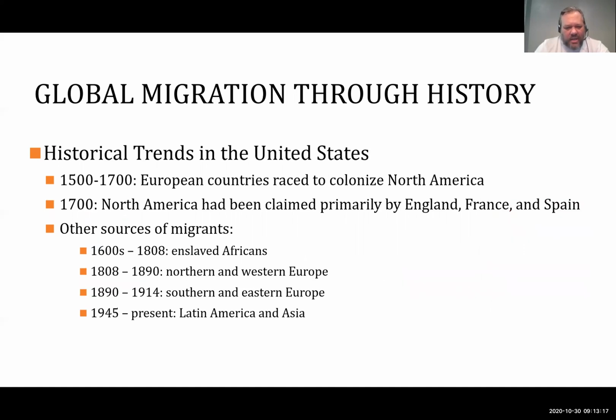All right. Let's see. Some of the historical trends in the U.S., obviously 1500 to 1700, people came to North America, primarily England, France, Spain. Then from the 1600s to the 1800s, the forced migration of Africans.